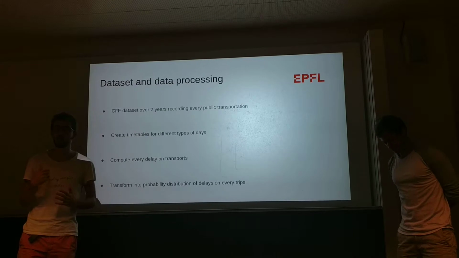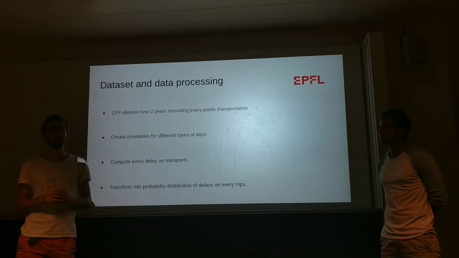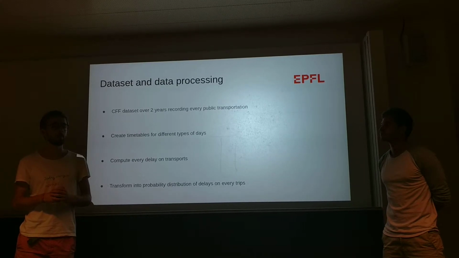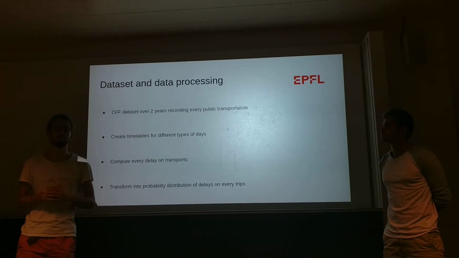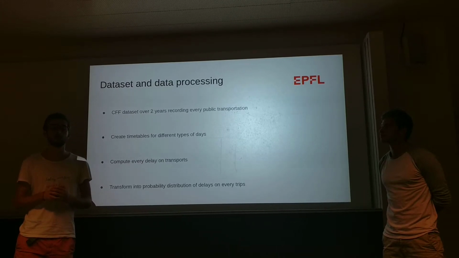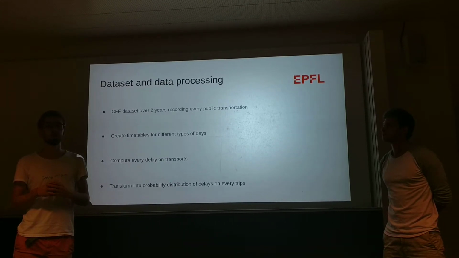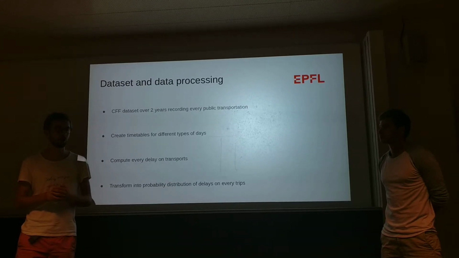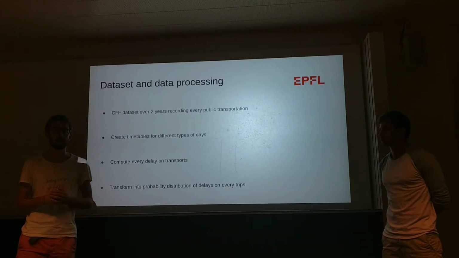Because our algorithm required it, we also had to compute conditional probabilities, which means that for every pair of stations on the same line, we computed the probability of arriving with a certain delay, given that we left our origin with a certain delay.